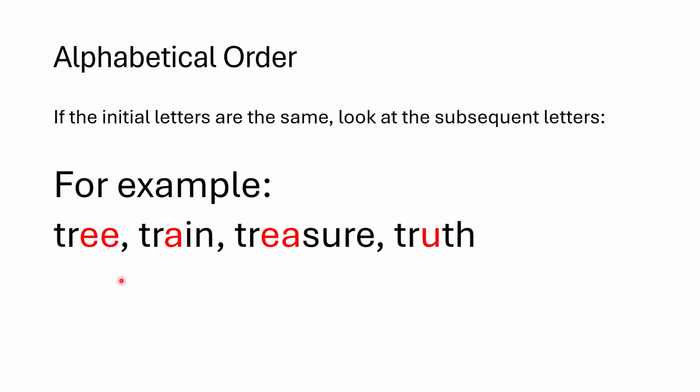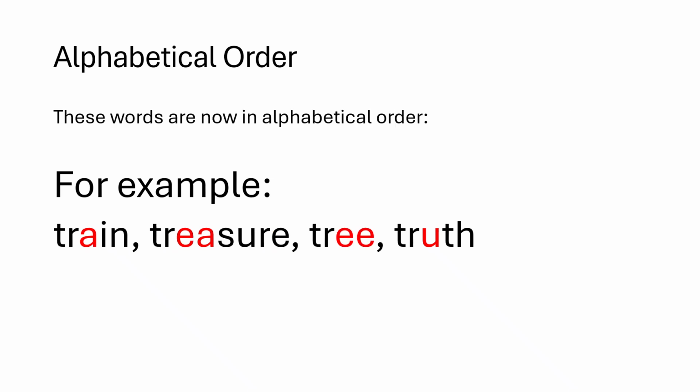Because tree and treasure have the same third letter, we look at the fourth letter. So the fourth letter in tree is E, and the fourth letter in treasure is A. Each of these words begins with TR.